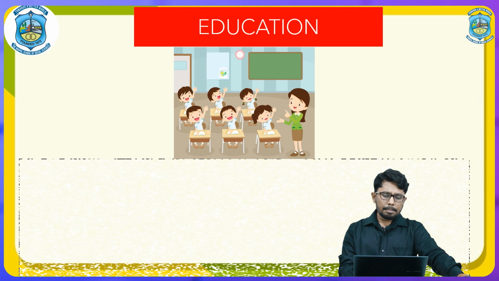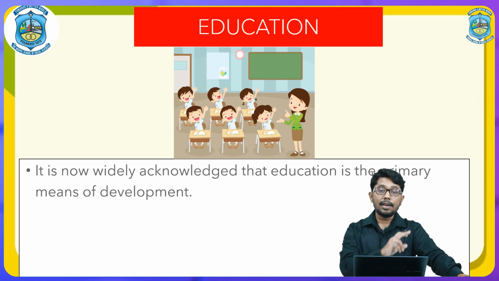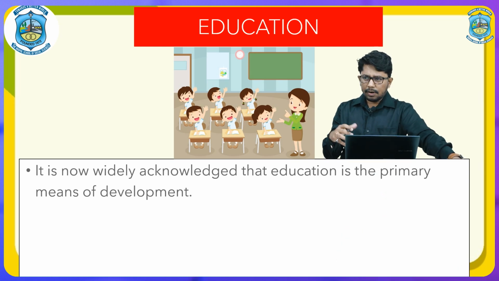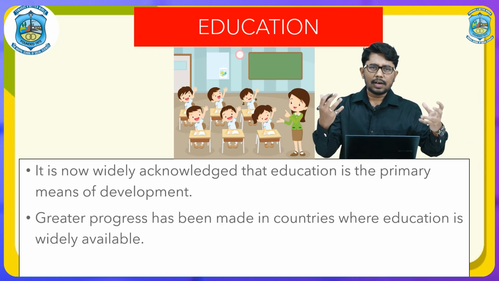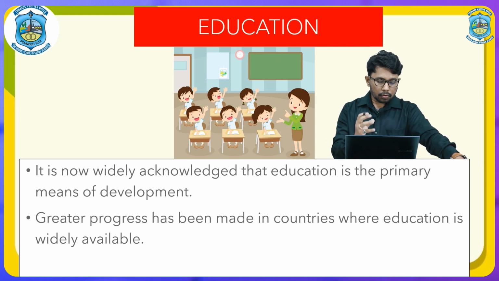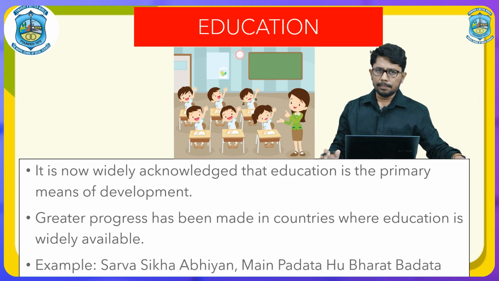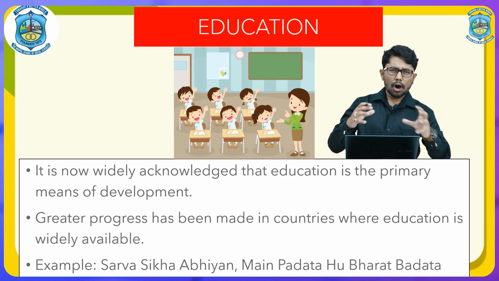One of the major indicators of non-economic factors is education. It is now widely acknowledged that education is the primary means of development, because without education it is next to impossible to create anything. That's why we need education, and the current government is also working on it. Greater progress has been made in countries where education is widely available, like America and all European countries.